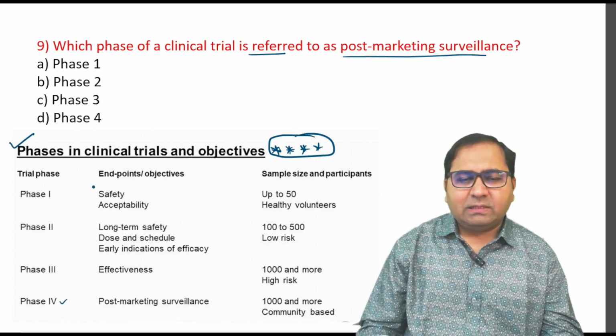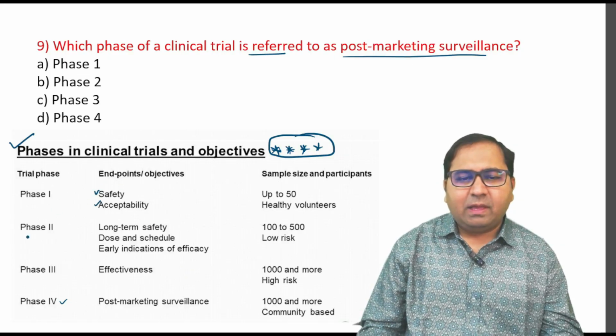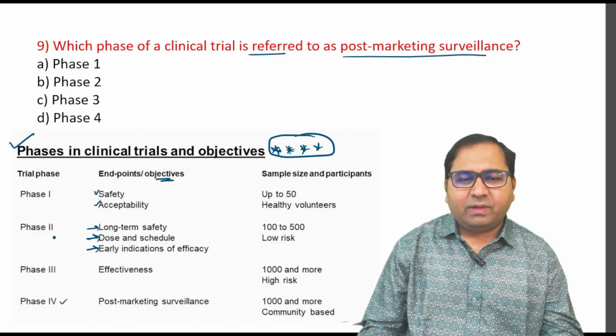We will quickly see what all the other phases are. In phase 1, the objective is safety and acceptability. In phase 2, the objectives are long-term safety, dose and schedules, and early indications of efficacy. Phase 3 is for effectiveness. Please remember this point.